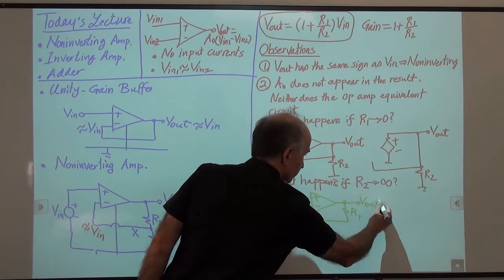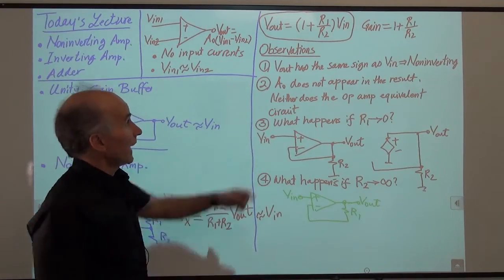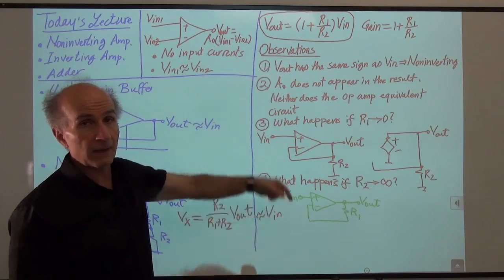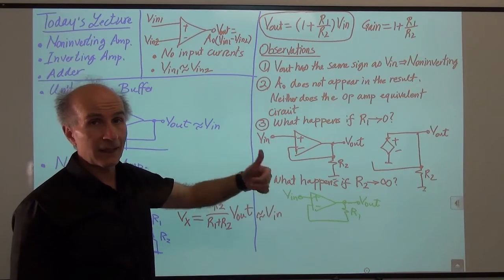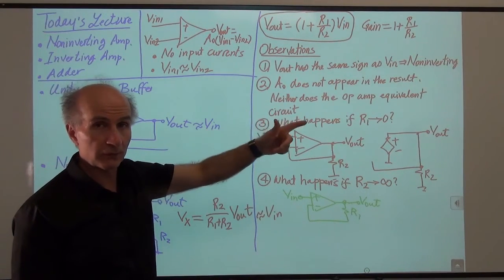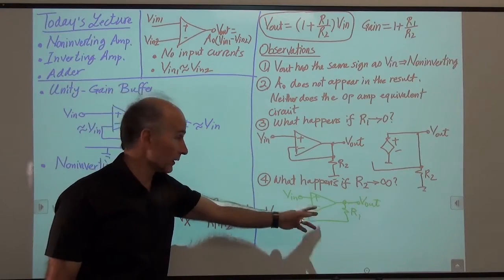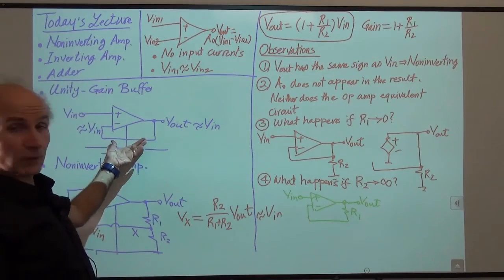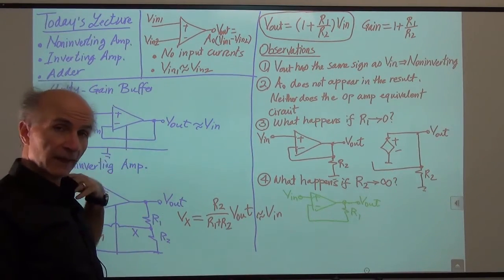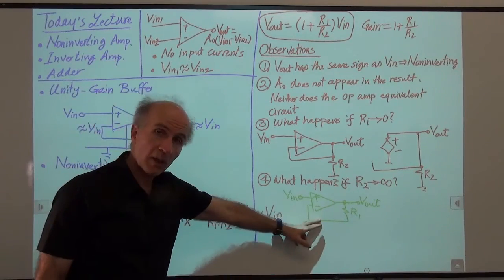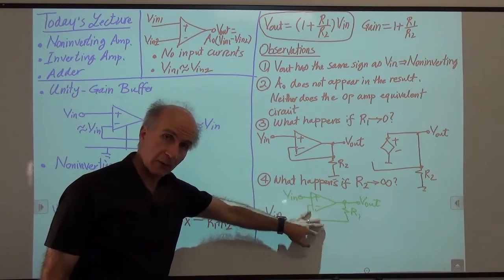V out. So that equation on top says that in this case, again, the gain is 1. V out is equal to V in. So it's saying that this circuit behaves the same way as this circuit. Why is that? Why does R1 have no role in this particular topology?